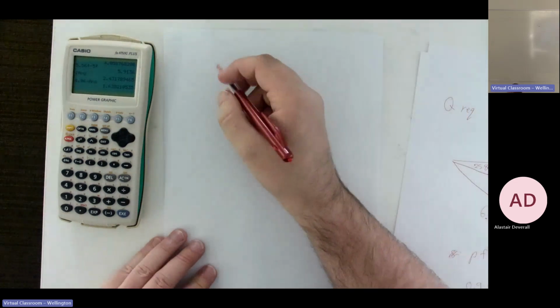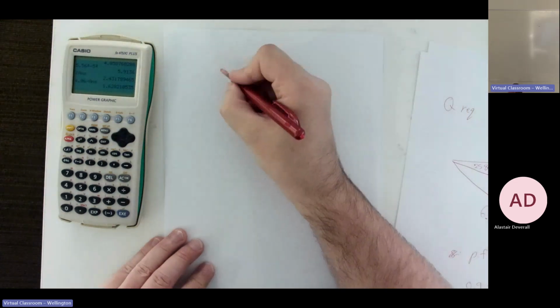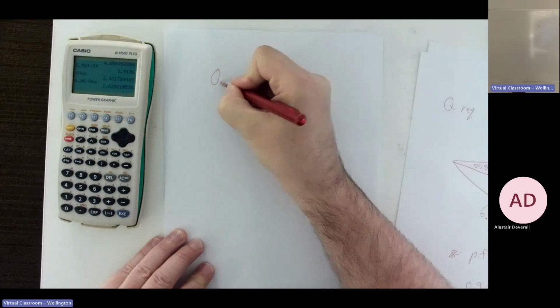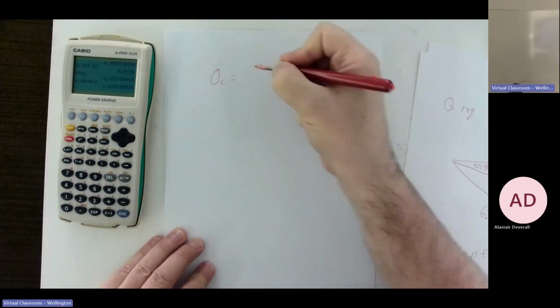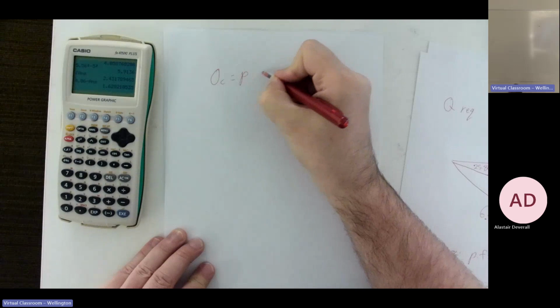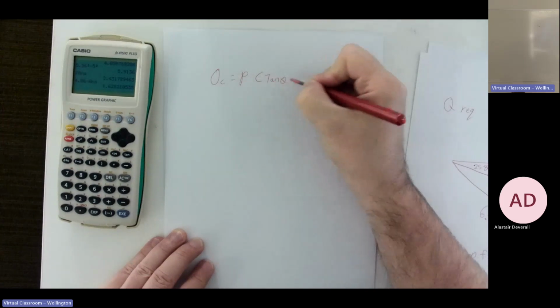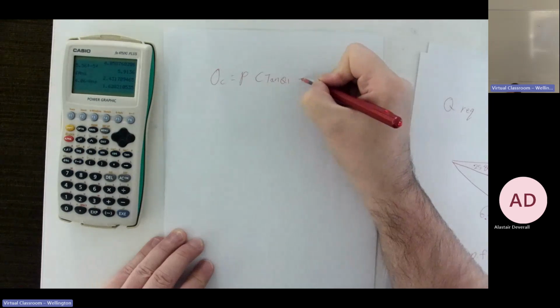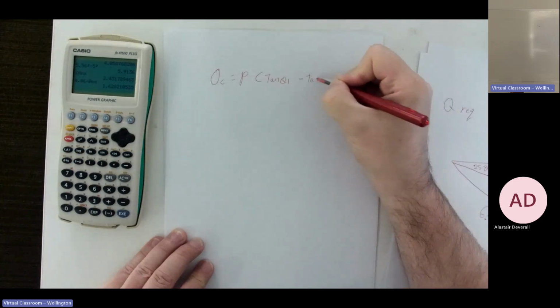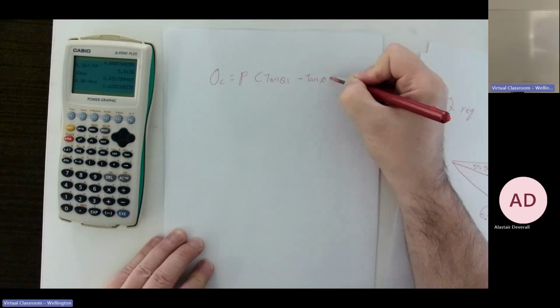This is a formula that we don't use very often, but you will have seen it in the formula sheet: QC equals P times (tan theta 1 minus tan theta 2).